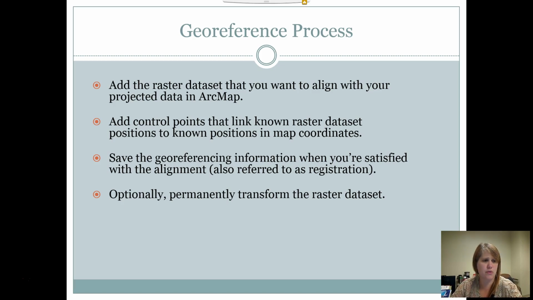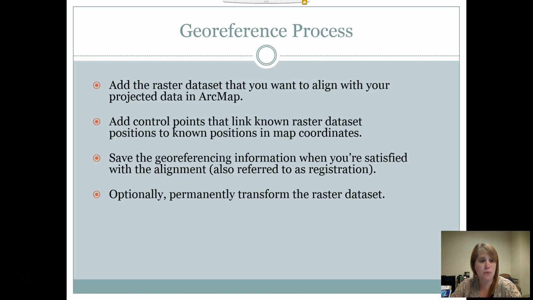Essentially, what you do is you add the raster data set that you want to align to your projected data in ArcMap. You add control points that link the known raster data set positions to the known positions in map coordinates. You need a minimum of four control points. Usually, if you want a good georeference, you're going to need significantly more, but four is usually the minimum.